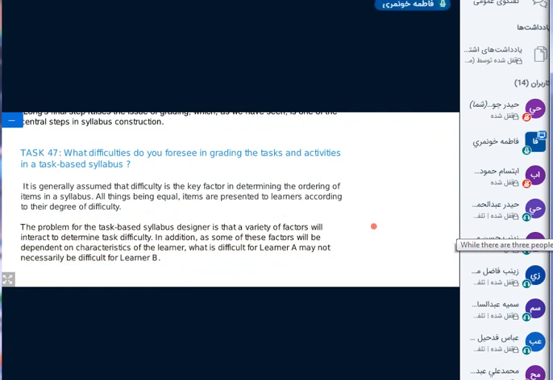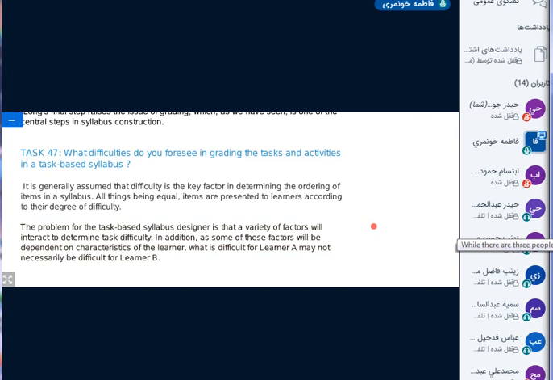what difficulties do you foresee, do you predict you might encounter in grading the tasks and activities in a task-based syllabus? We know that there are a lot of difficulties, a lot of disadvantages are counted for the task-based syllabus types.